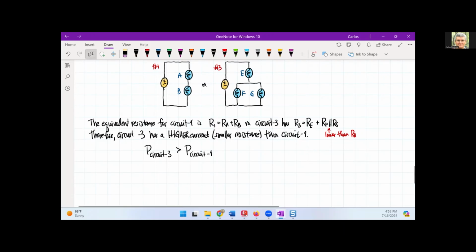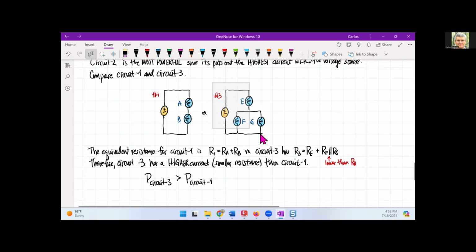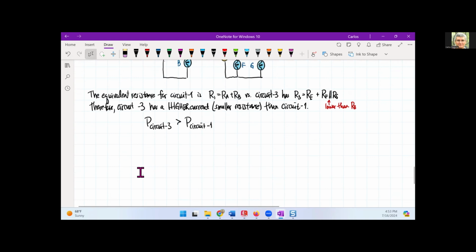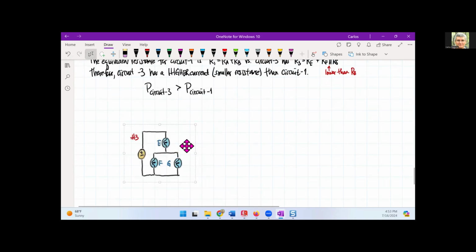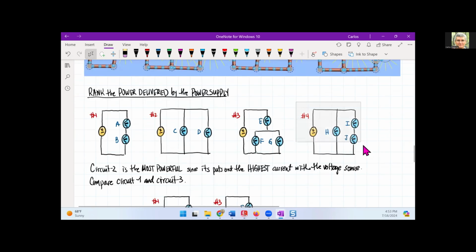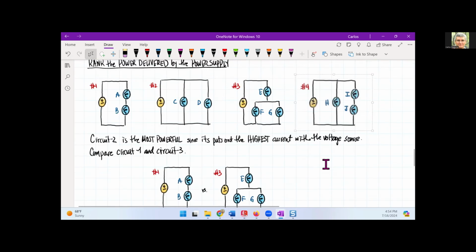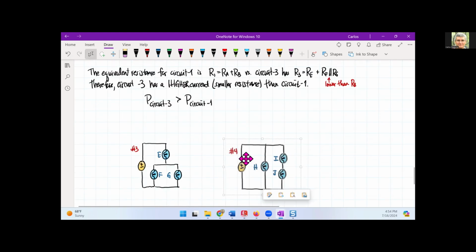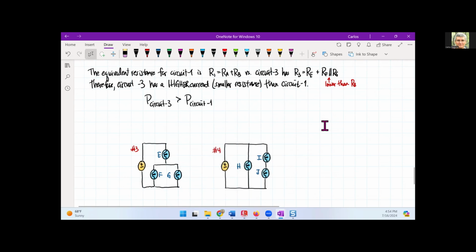Now we need to compare 3 and 4. So I'm going to come here and paste 3 here. Let me go up and get 4. And then here's 4. So let's compare circuit 3 versus circuit 4.